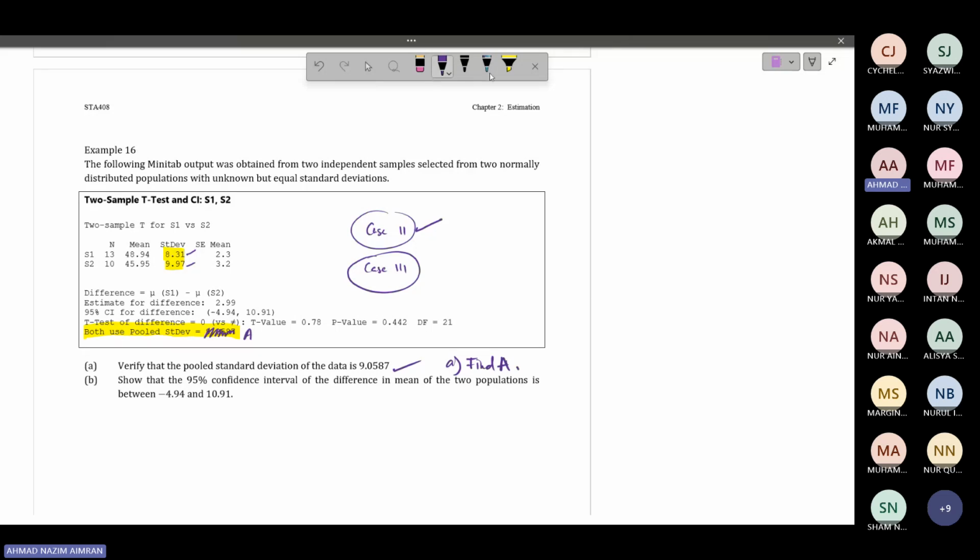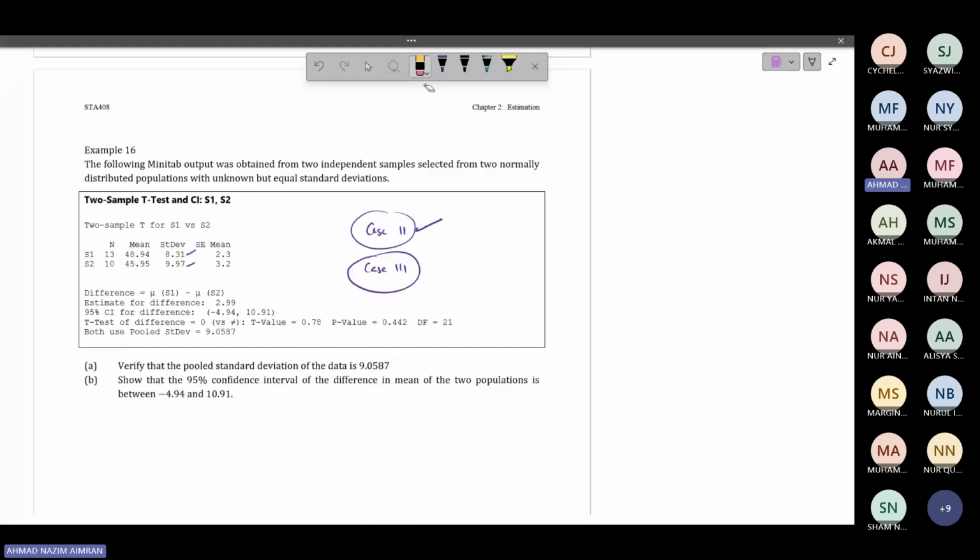Okay, kalau soalan tu baik, dia bagi macam ni lah, proof. So kalau you tak dapat the answer is equal to 9.0587, then maybe there is something wrong with your calculation. So please do it again until you get the answer.